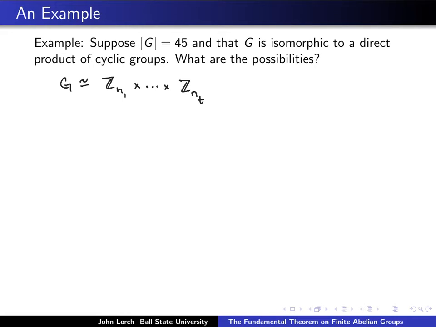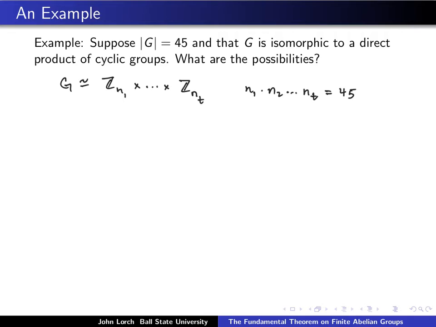And further, we know that the orders of these cyclic groups must multiply together to give the order of the group G, that is 45. So n1 times n2 through nt multiplied together has to give 45. So that limits our possibilities.